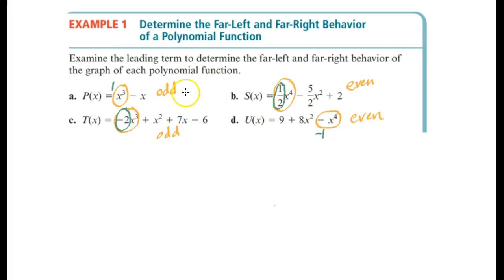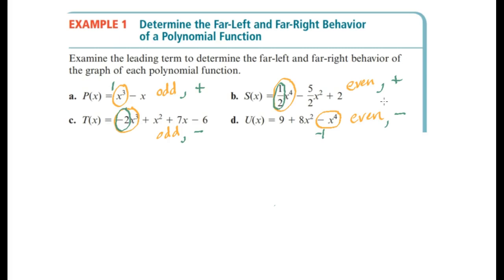In this case, we have positive, and here we have negative. Here we have positive, and here we have negative. Okay, so we have odd positive, odd negative, even positive, even negative. Hopefully that makes sense. Really, all we need to do is look at the leading term and its coefficient to determine how the far left and far right behavior is acting for the polynomial function.